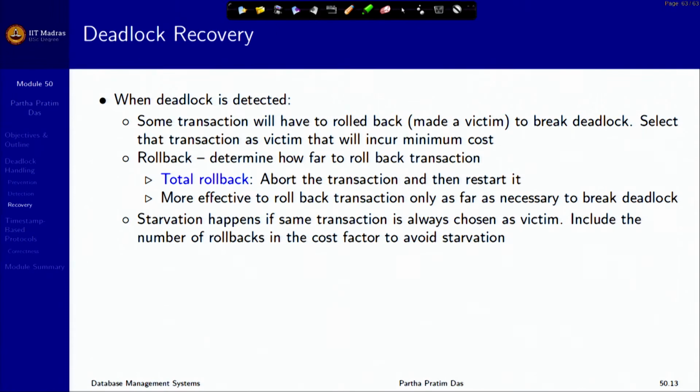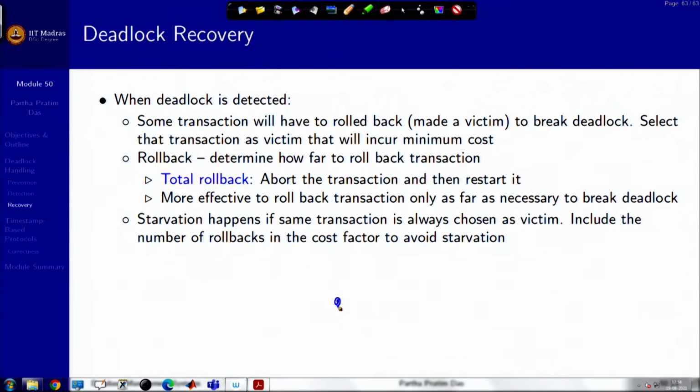So, now when the deadlock is detected, then some transaction will have to be rolled back. There has to be a victim, right. Now, how do you select? Because if I have a situation that this is Ti, this is Tj, this is A, this is B, that is Ti has requested for A, for which Tj is holding the lock, Tj has requested for B, for which Ti is holding the lock.